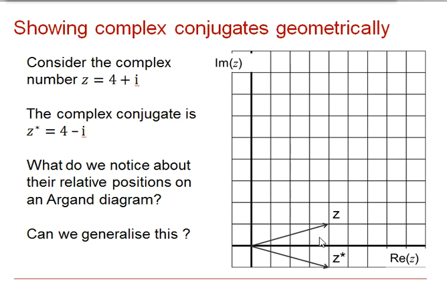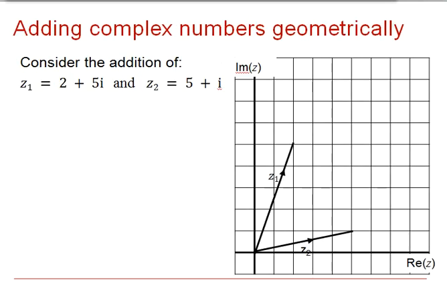What do we notice about their relative positions on the Argand diagram? And can we generalize this? Once you've tried some examples for yourselves, you will probably realize that complex conjugate pairs are reflected in the real axis.